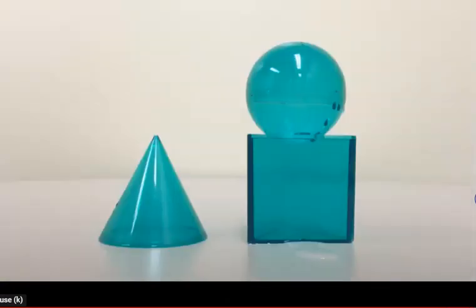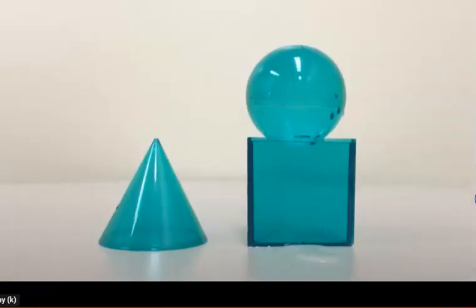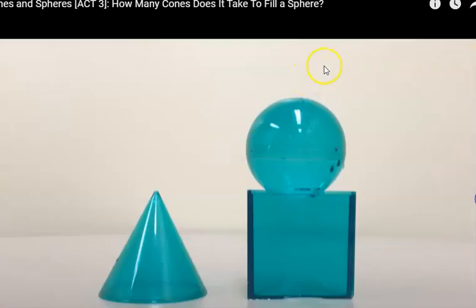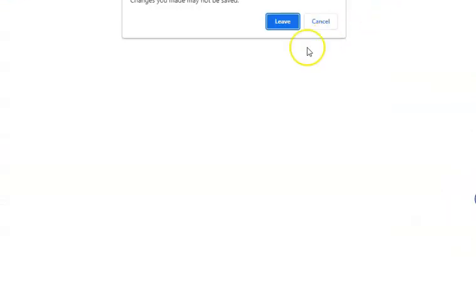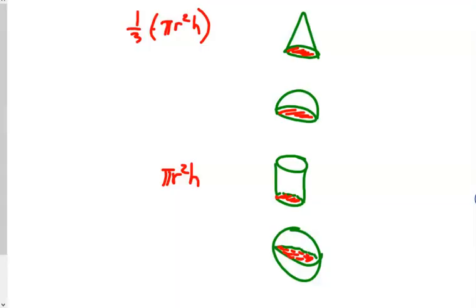All right, so the answer is 2. So it took 2 cones to actually fill up the sphere. So keeping that in mind, since it took 2 cones, that means that the formula for a sphere would be doubling the 1/3, which would be 2/3 pi r squared h.